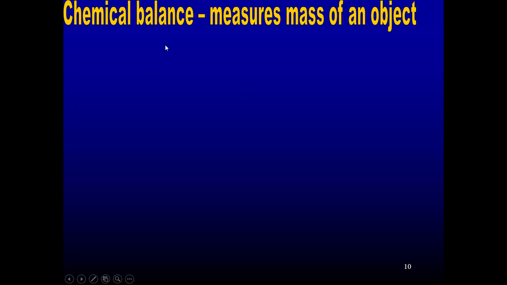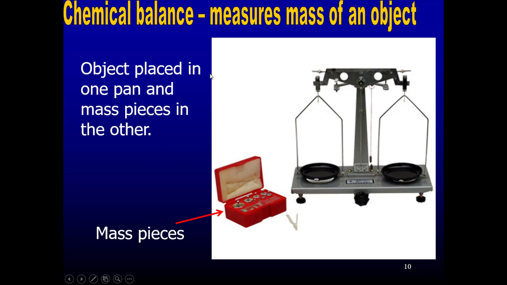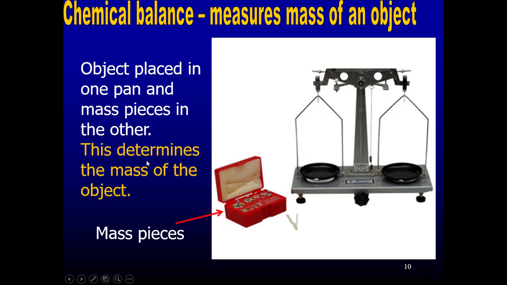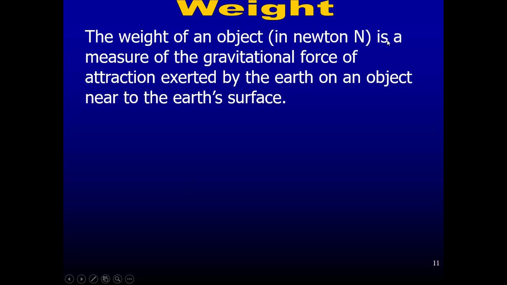Now, if we take a look at the chemical balance, it measures the mass of an object. So here we have it. If we have the object placed in one pan, and the mass pieces placed in another pan, this determines the mass of an object. Weight, on the other hand, is a measure of the gravitational force of attraction exerted by the Earth on an object near the Earth's surface.